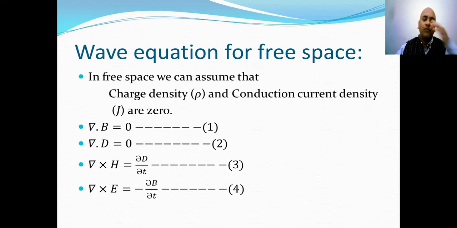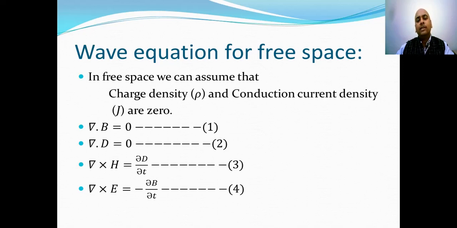While deriving the wave equation for free space, we need to use some properties of free space. The properties of free space are that the charges present in free space are zero. That is, the charge density rho in free space is equal to 0.